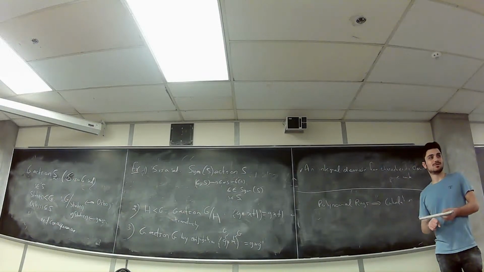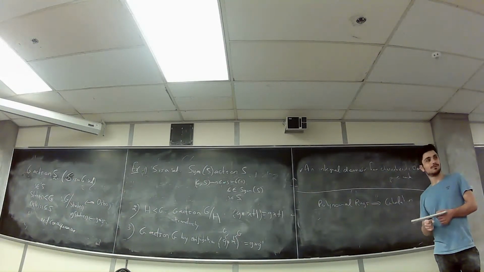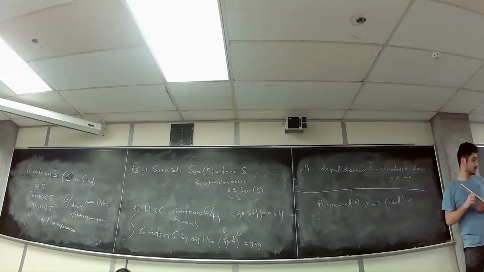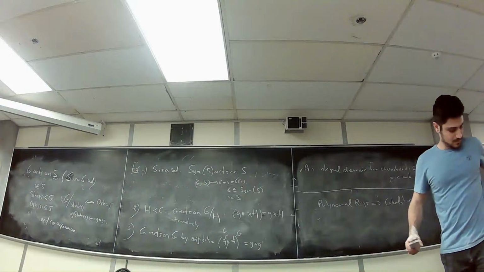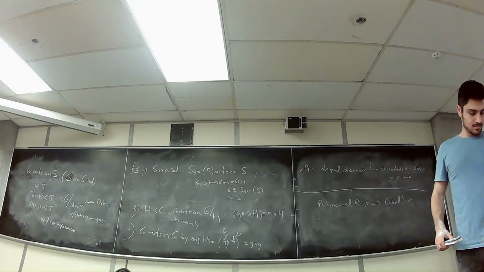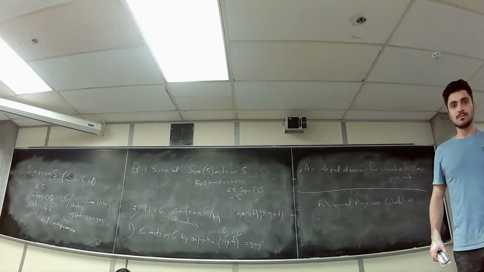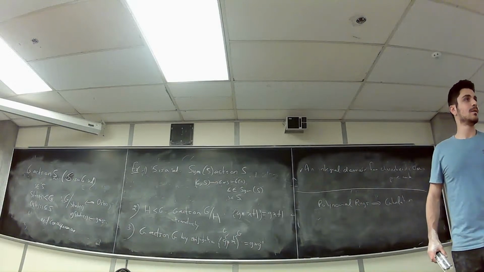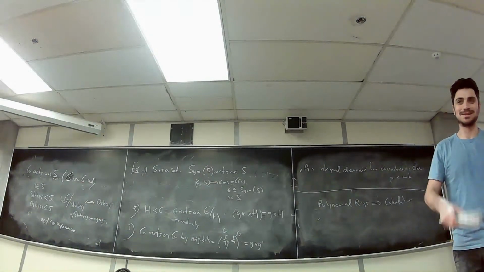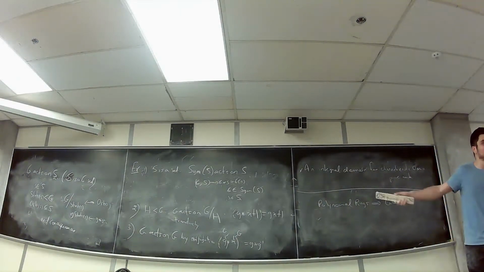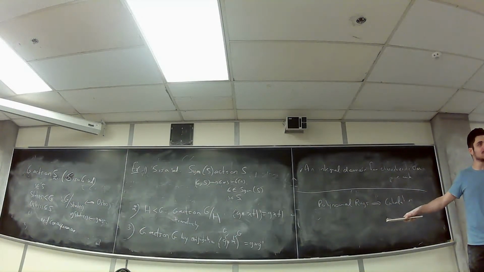When is gxg inverse equal to x for all g in G, if and only if x belongs to... What is the set of fixed points of this action? These are the center of G, right? Yes or no? You remember that?